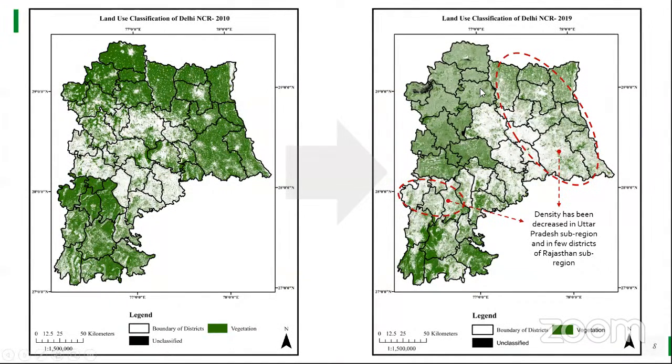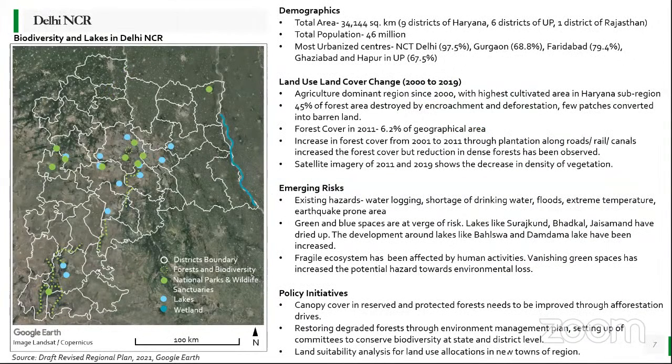You can clearly see from 2010 to 2019 that there is a heavy decrease in the density of trees in the Uttar Pradesh region and Rajasthan region. This clearly indicates how deforestation has vanished the green spaces, which has increased the risk.